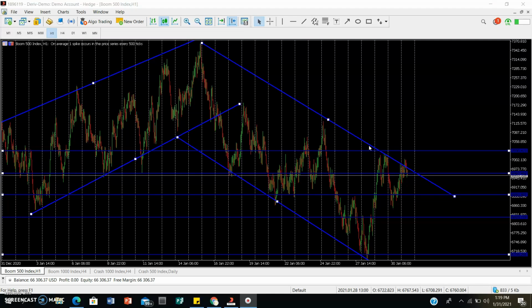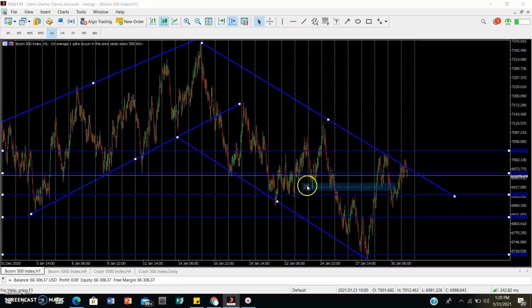So let's take a deeper look at what we're looking at right now. So what is in blue, these horizontal lines in blue, are actually major price points in the market, right? These are major price points in the market. Maybe let me try and change the color so that they're more significant.